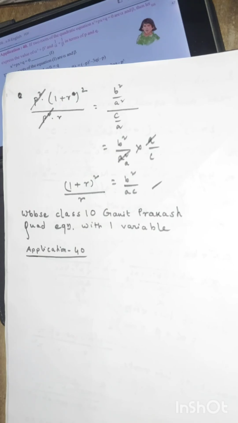Let us work out 1.4, and after that we have discussed the discriminant of a quadratic equation, nature of roots, and we practiced some examples related to this topic, and after that we learned the sum of two roots and the product of two roots of a quadratic equation.